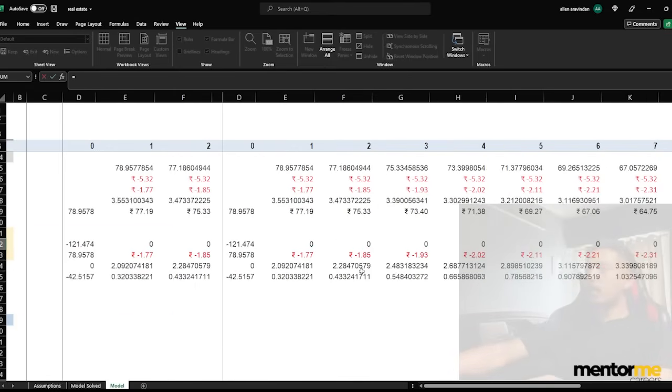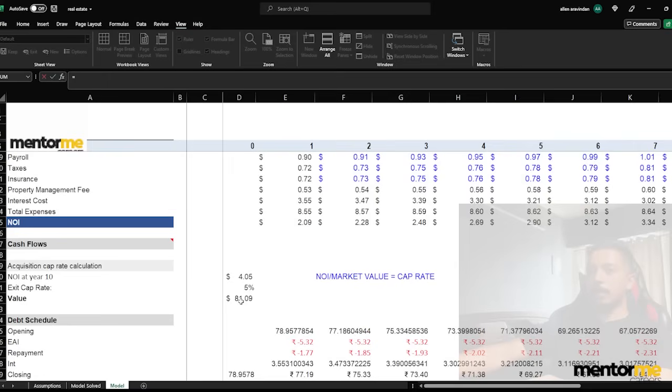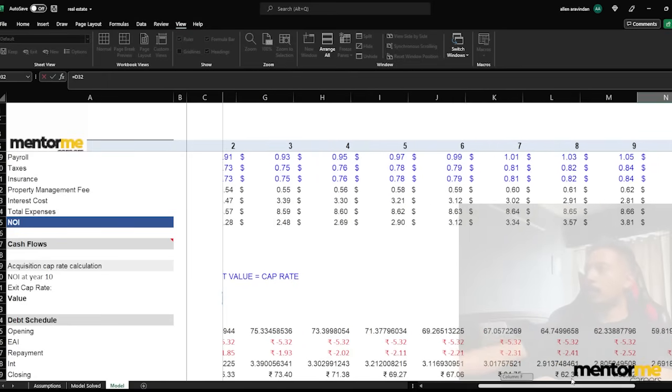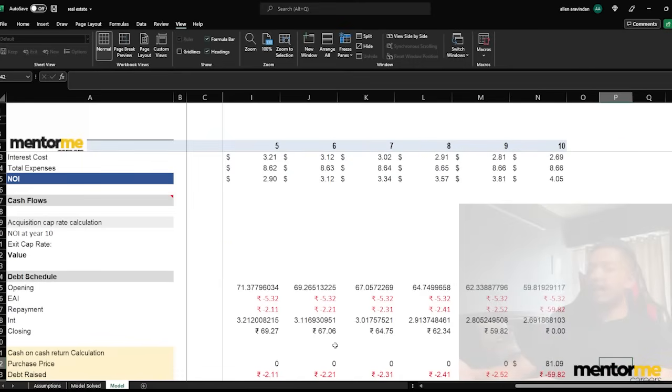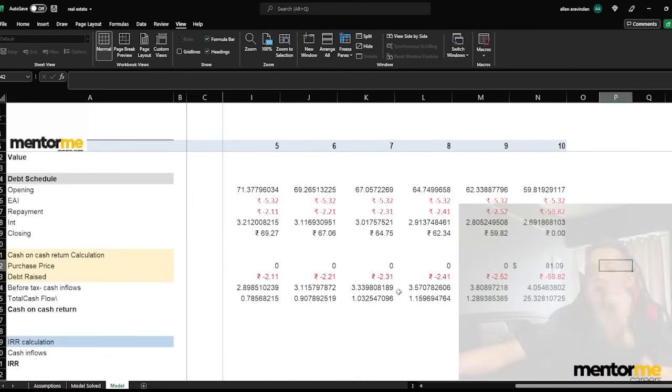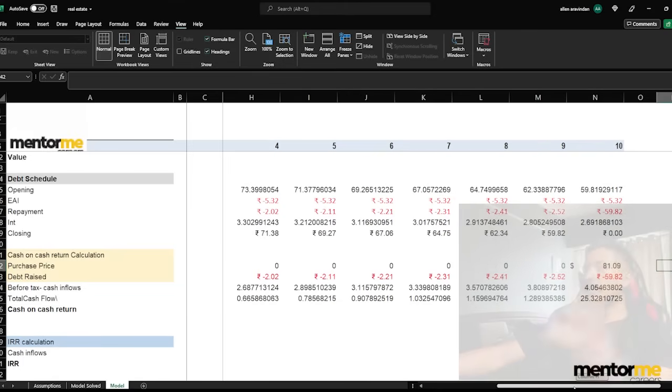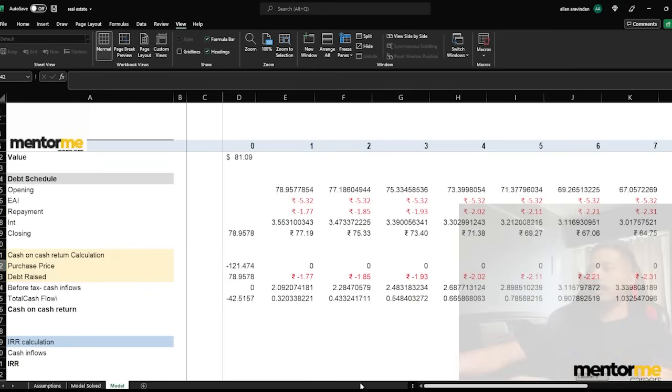We already know the selling price, because we have already calculated that 81 million is where we want to sell it off. This is just an assumption that we are selling at 81. The lower the cap rate, the higher the value we will sell it off at, but we can do that by making a sensitivity analysis. So that's our basic cash flow calculation.